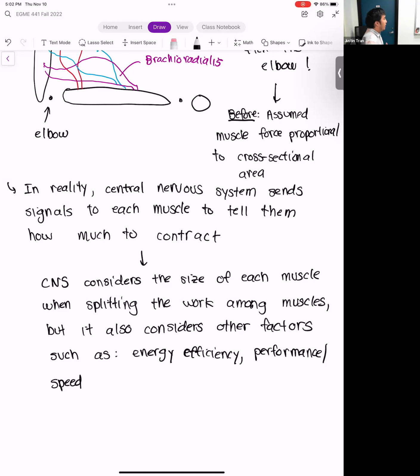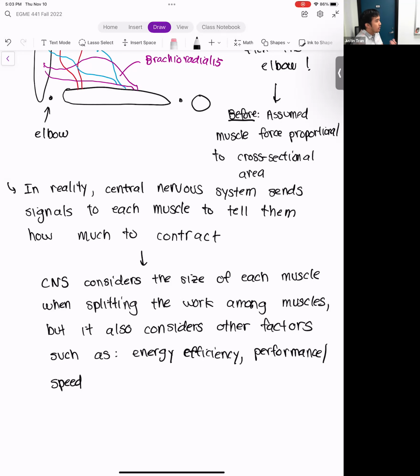Okay? If you're playing a sport, that's generally what you're going to do. And so, let's say you're playing basketball or soccer or something, and you have to make a play, right? In that moment, you're not really worried about energy efficiency. You just want to make sure that you can make the play, whatever you need to do. Okay. Or if you're doing animal locomotion, right? I know a lot of you are working on that for your final projects.